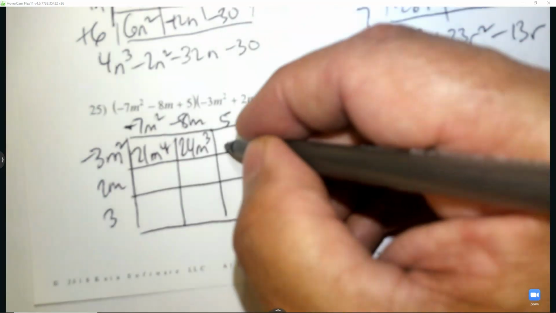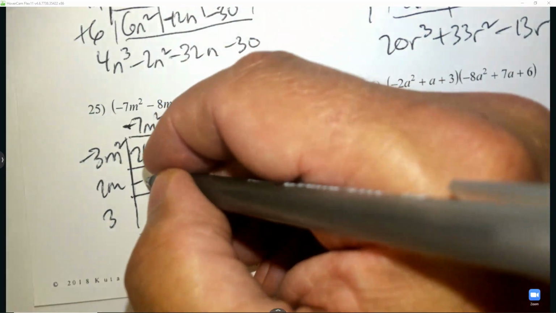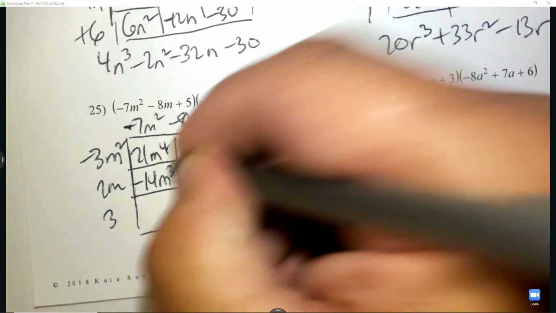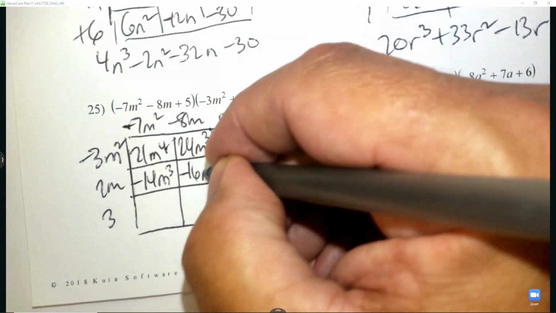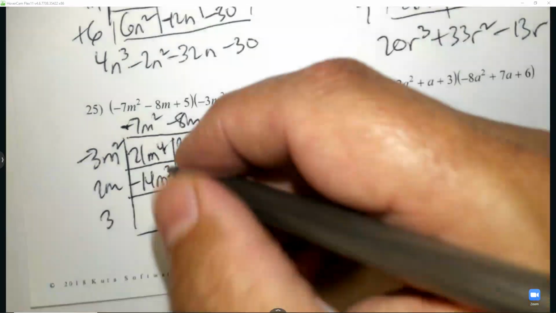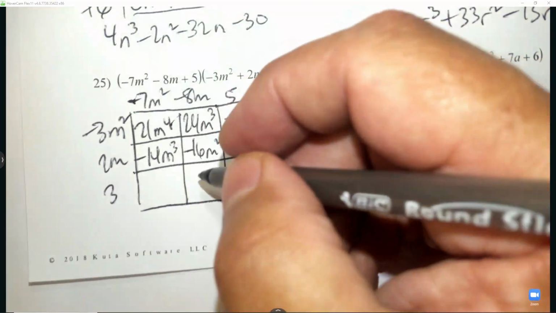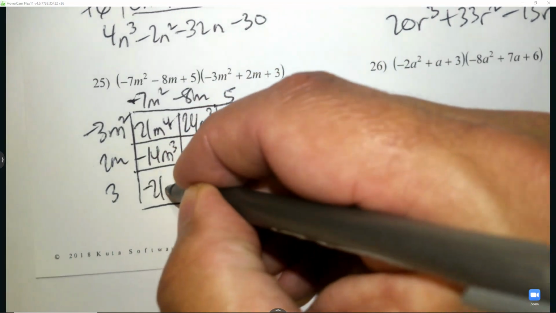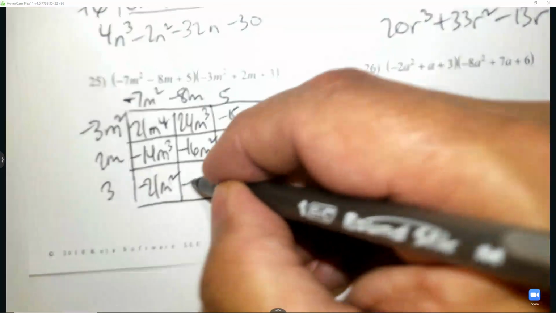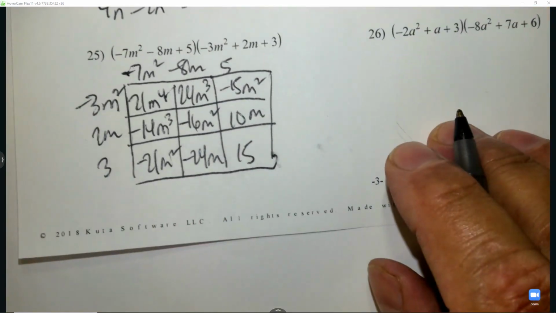Make sure you add the exponents as you go across. Here. And then combine like terms at the end.